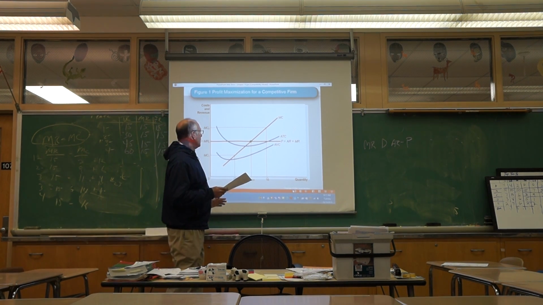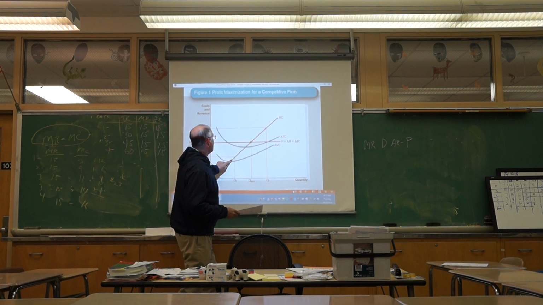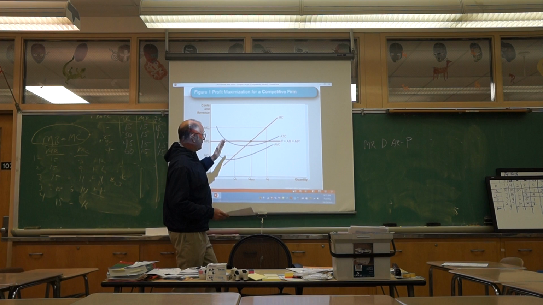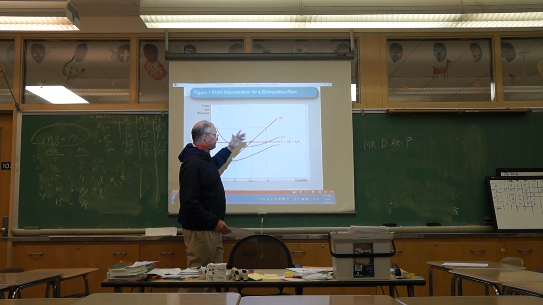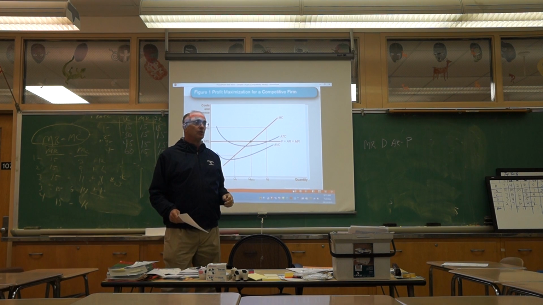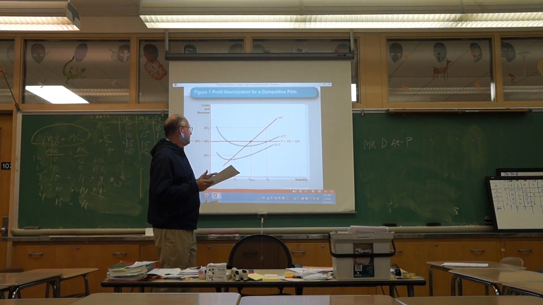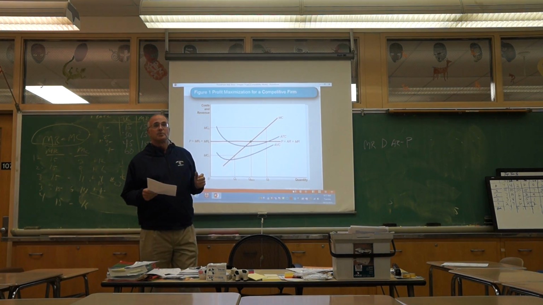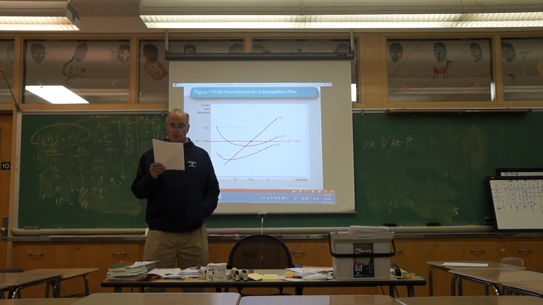In the short run, your marginal cost curve above AVC becomes your supply curve. So if you want to think of supply intersecting with demand, that's your quantity and your equilibrium here. The reason the MC curve is the supply curve above the AVC is because below the AVC you shut down.